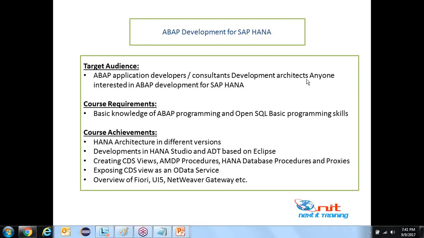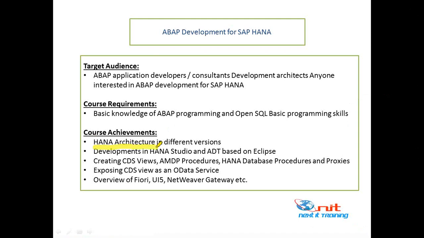Once we complete this course, what are we going to achieve? What are the things that we are going to learn? We will see the architecture of the different versions, how it started, what the latest one is, and what different versions it has come up with in between. First we will cover what the HANA architecture is and its different versions.